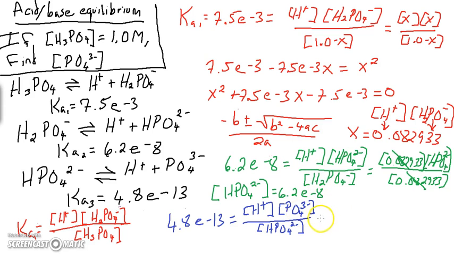Okay, so now let's solve for this one. This is the last step before we're done. Okay, so again, remember that the concentration of the H never changes. We said that all the concentration of the H is derived from that first dissociation. So my H concentration right over here, this 0.082933, always remains the same. So I'm going to put the same exact number over here.